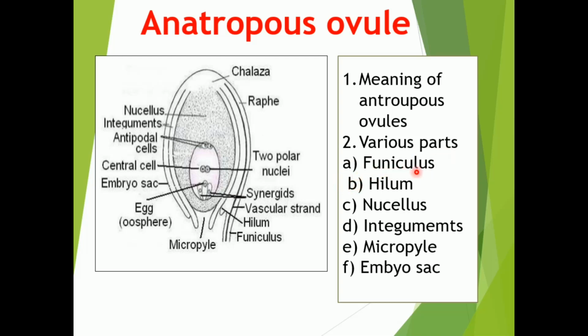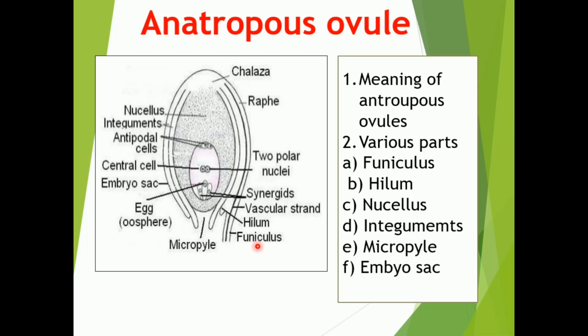First part is funiculus, second is hilum, third is nucellus, fourth is integument, fifth is micropyle, sixth is embryo sac. We see them one by one. Each ovule develops inside the ovary and is attached to the placenta by a small stalk-like structure called the funiculus.